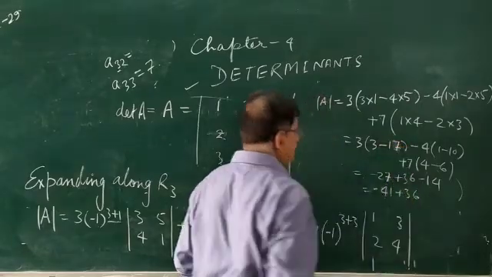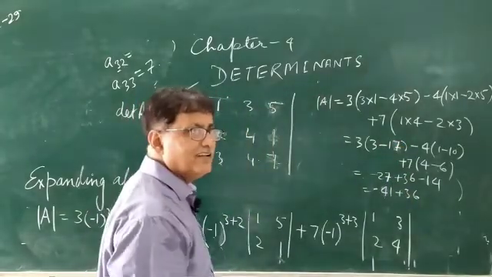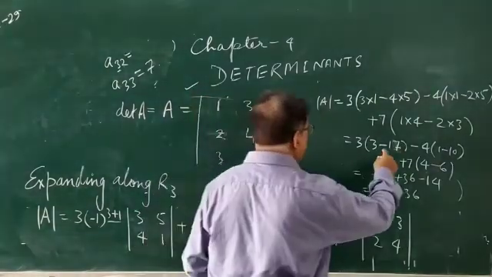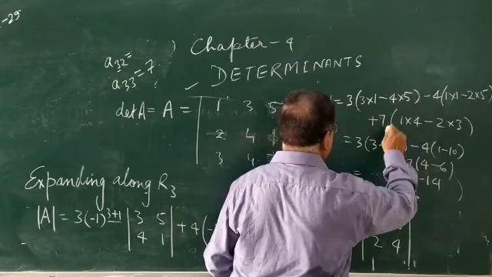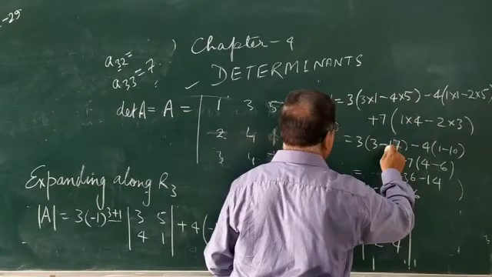No, it is 17, so minus 17 into 3 is minus 51, and then it is 5 and minus 6. Now when you calculate you get minus 29.